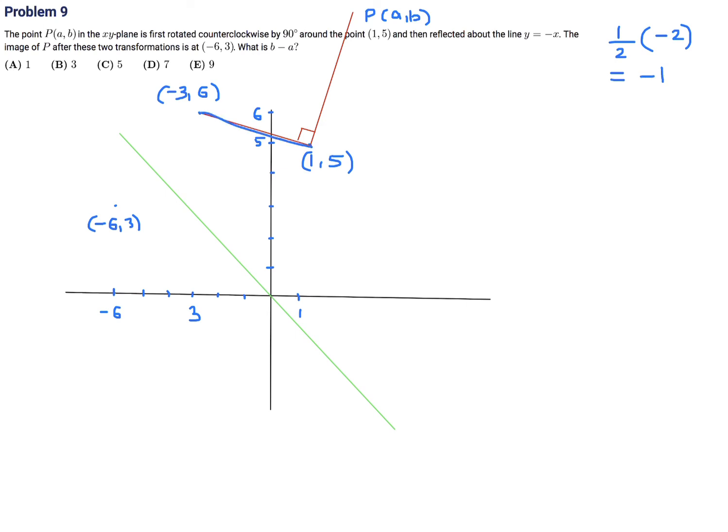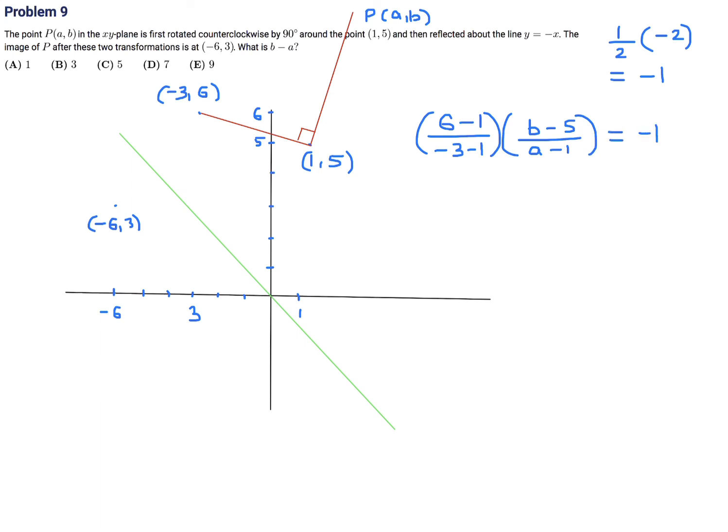So the slope of this line right here can be easily calculated: 6 minus 1, over negative 3 minus 1. And then we have to multiply that by the slope of the other line right here, that would be b minus 5 over a minus 1.